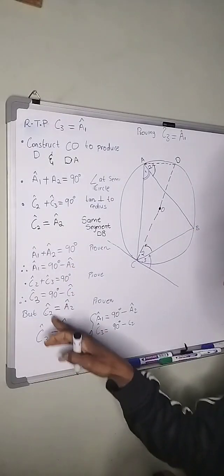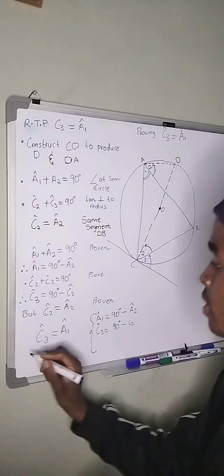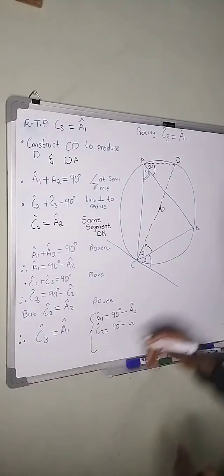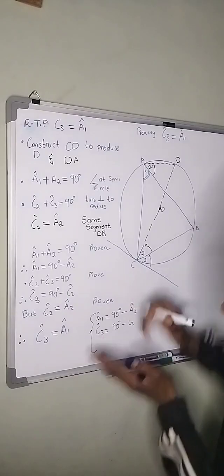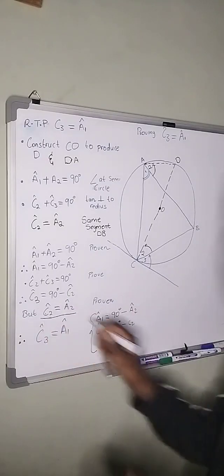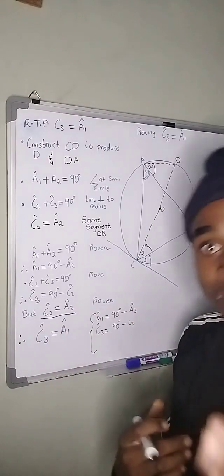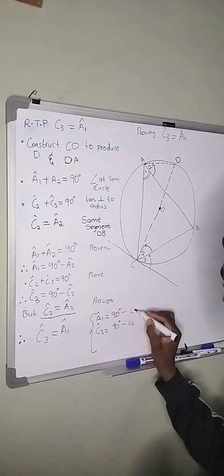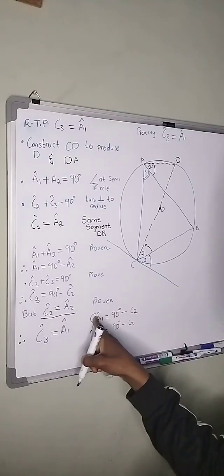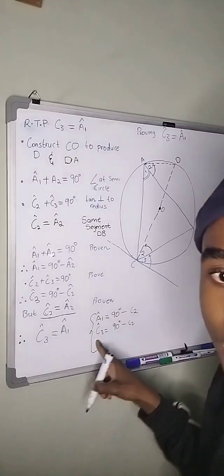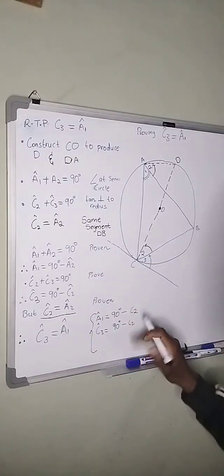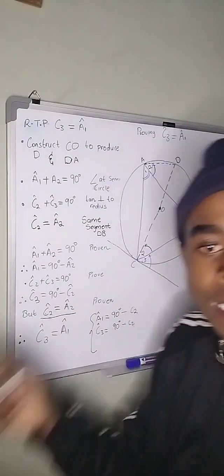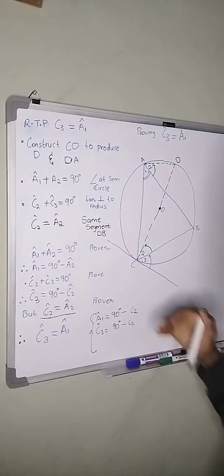Whenever I said but C2 is equals to A2, then therefore C3 is equals to A1. Again, I can simply substitute this with C2, and you can see that A1 and C3 are both equals to the same thing. It means that A1 and C3 are equal.